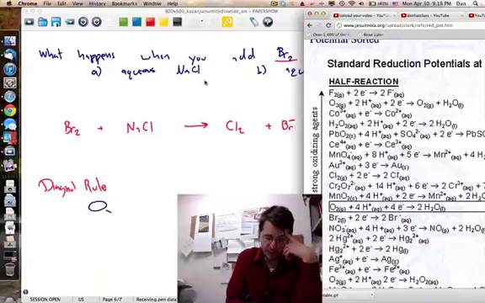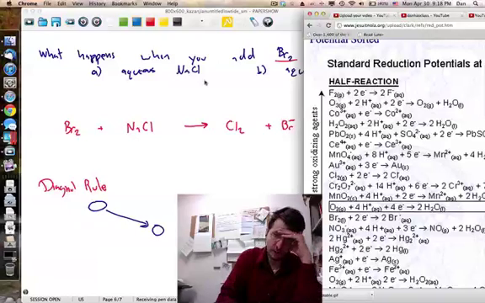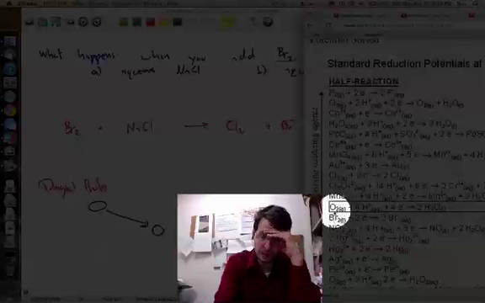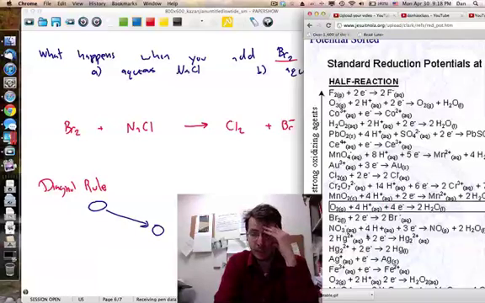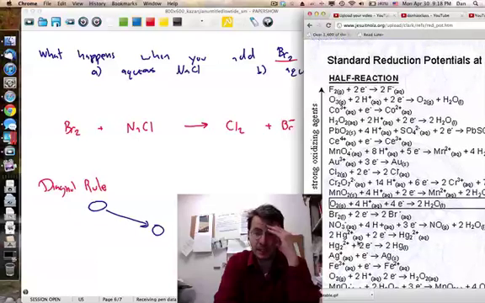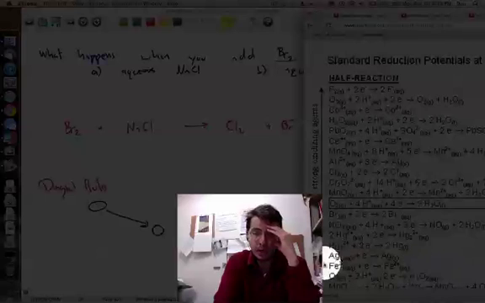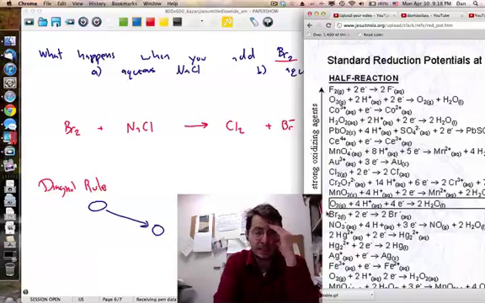Anything over here will oxidize anything below it over here. For instance, in our example, elemental bromine can oxidize anything underneath it. It'll turn hydrogen peroxide into oxygen. It'll basically couple these reactions. This will be the forward reaction. It'll drive anything below it backwards.